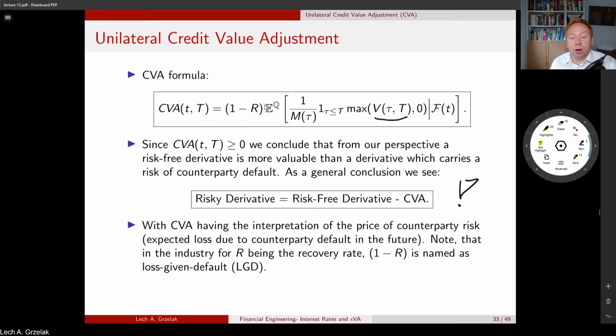And then we have this recovery part. One more comment regarding this recovery: 1 minus R, the recovery rate, is often called loss given default. So what is the loss given default? That's basically this representation, which is also in this formula for CVA, the credit value adjustment.